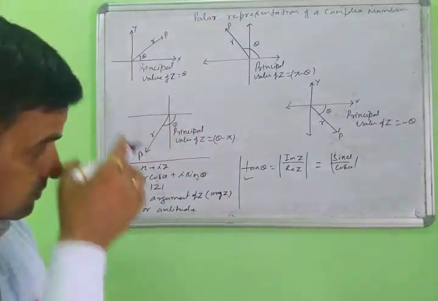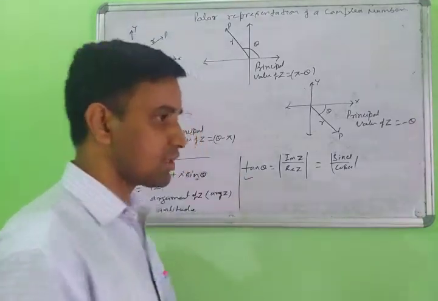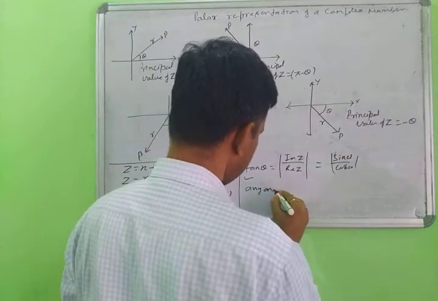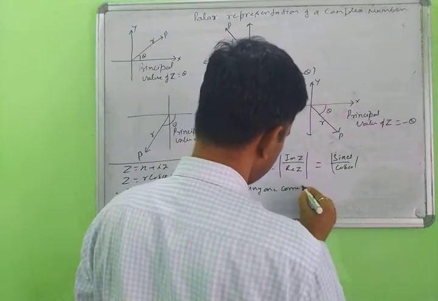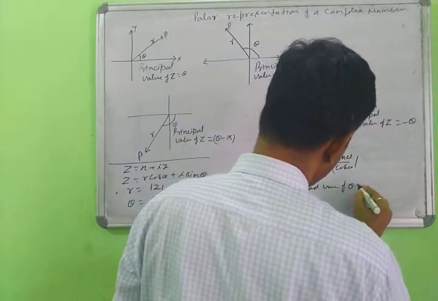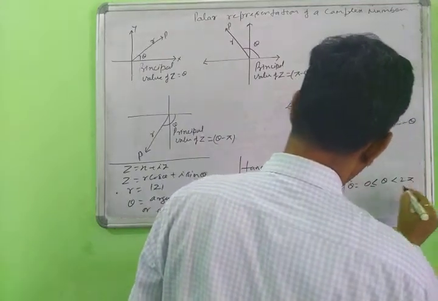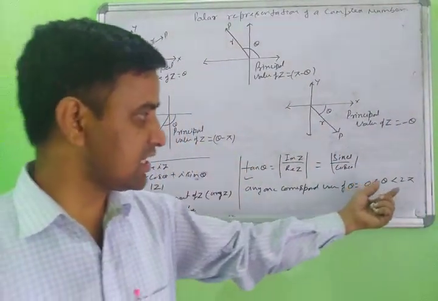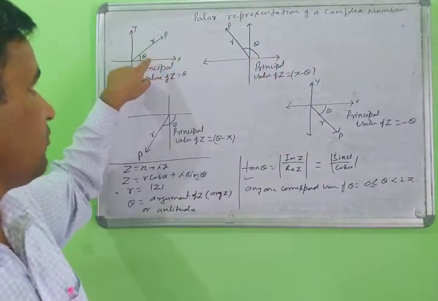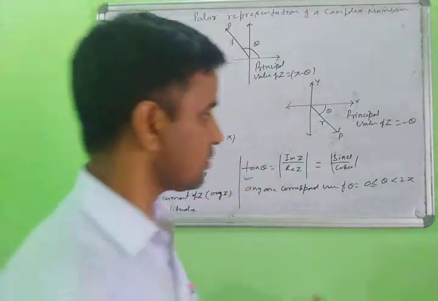Second thing, the principal value. Suppose you are finding any one corresponding value of theta, this is 0 less than or equal to theta less than 2 pi. But we will not consider this method, because here we count anti-clockwise, but here we count clockwise.